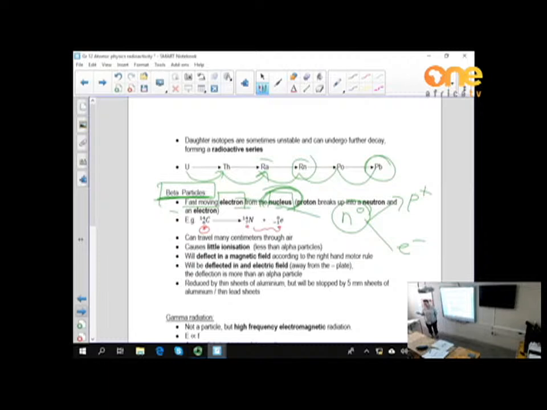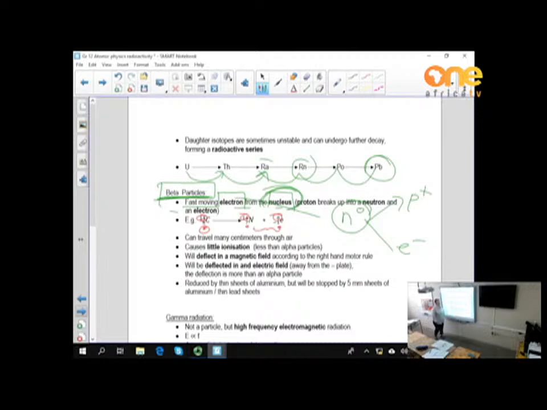The overall charge. The mass number, because an electron doesn't have a mass, the mass will stay 14. In other words, the number in total of protons and neutrons is still 14, although 1 neutron has changed into a proton and an electron that has been released.